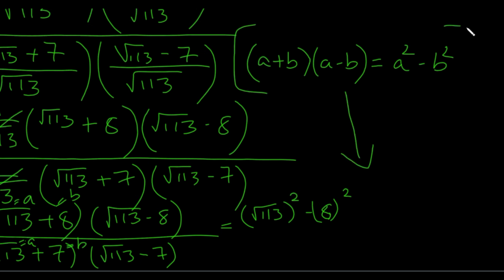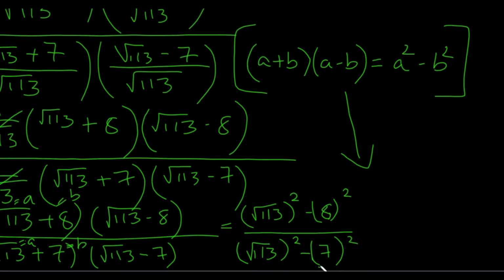That gives root 113 square minus 8 square, and the denominator is going to be root 113 square minus 7 square.